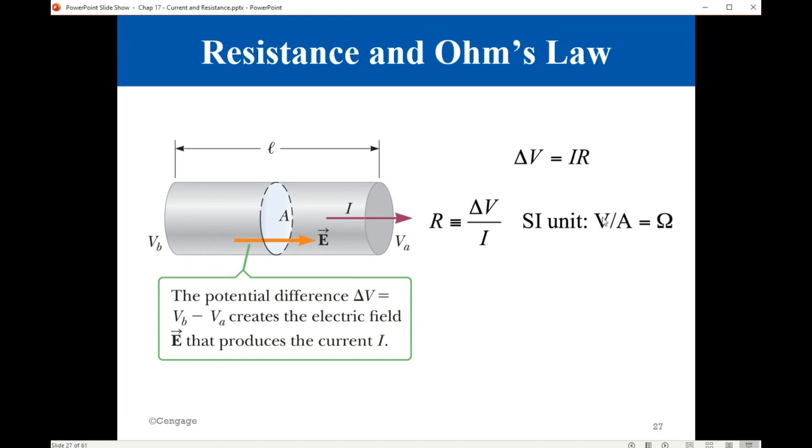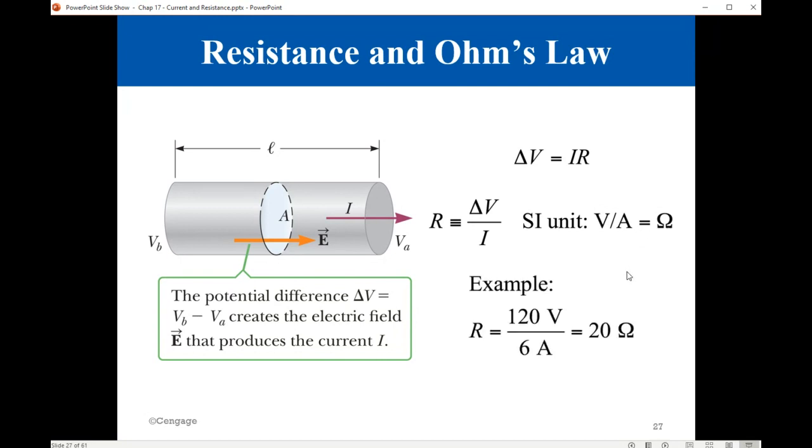Volt per ampere in the SI system has another name, which is ohm. We use the Greek letter uppercase omega for the resistance unit. So 1 ohm of resistance corresponds to a voltage difference of 1 volt giving an electric current of 1 ampere. So when the voltage difference is 1 volt, the current is 1 ampere, then the resistance is 1 ohm.